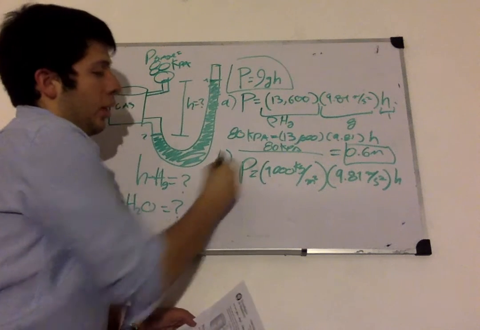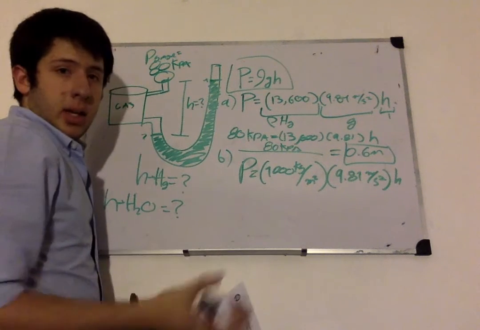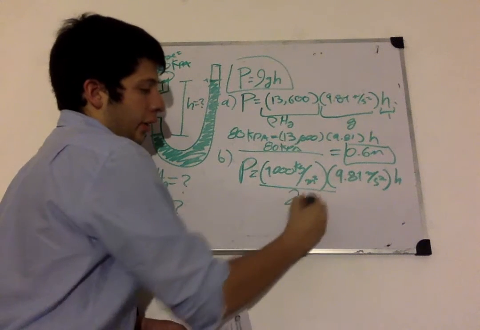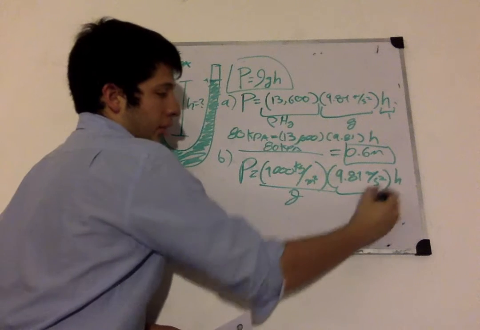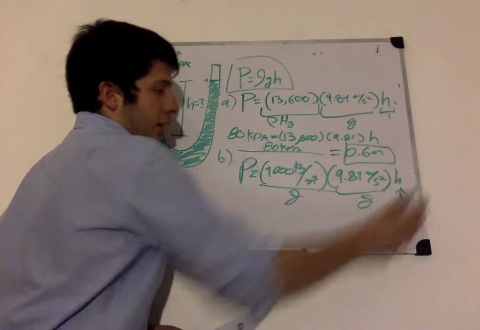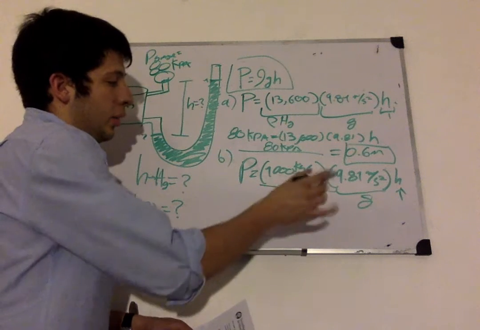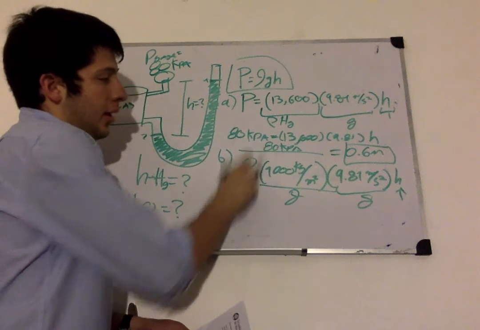Now for the second part, we need to do the same thing, but with water. So here we have the density of water, here's the gravity, and here's the height, which is the value we have to obtain. And the only thing we need to do is the same thing that we did over here.